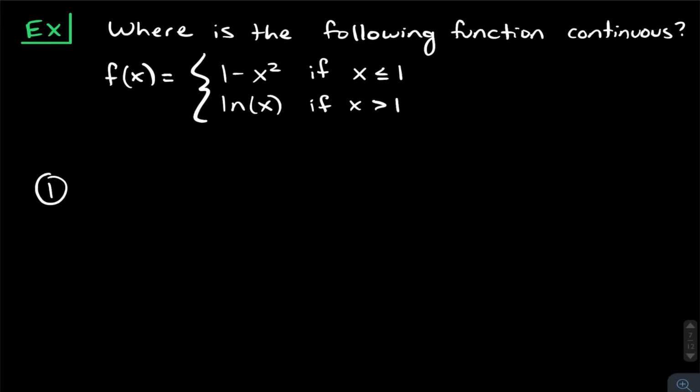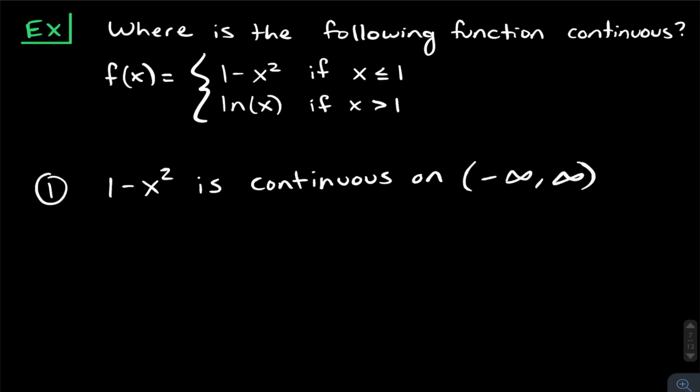What we can see a little bit easier is, are the following functions continuous? Well, 1 minus x squared is going to be continuous for everything, because it's a polynomial. So it's going to be continuous on negative infinity to infinity.